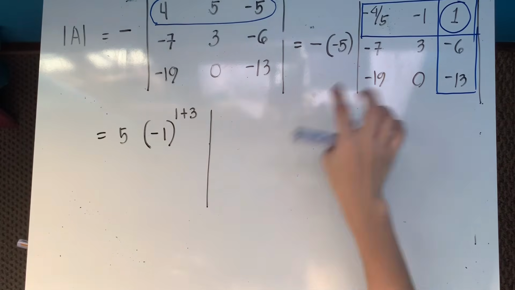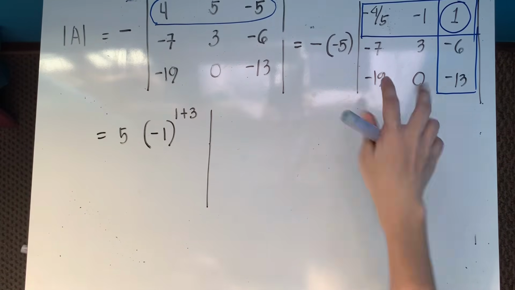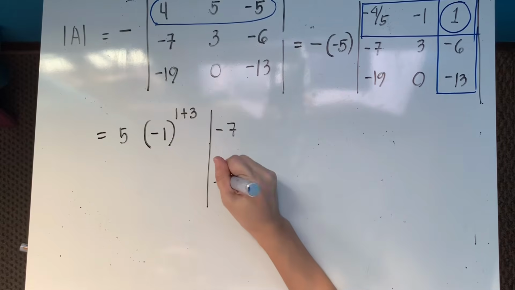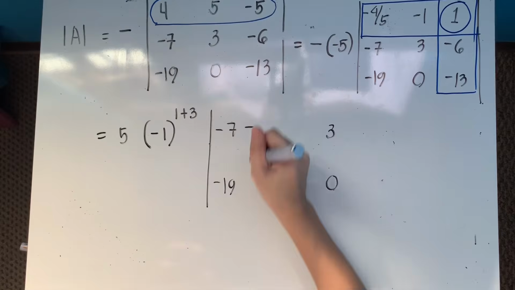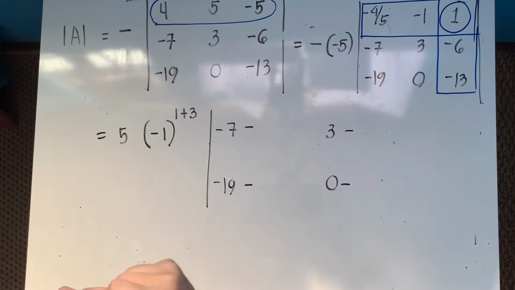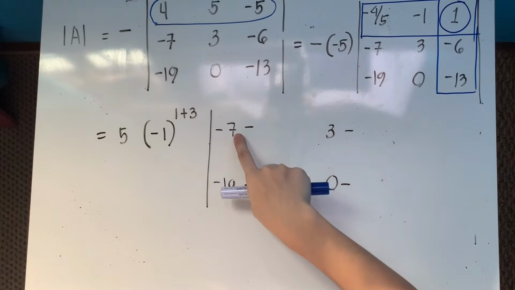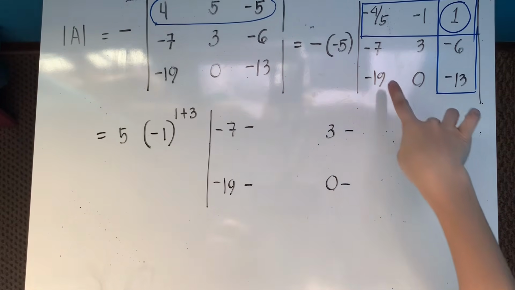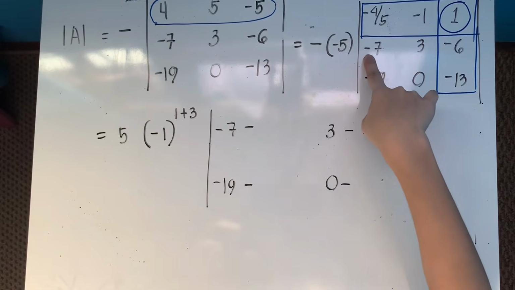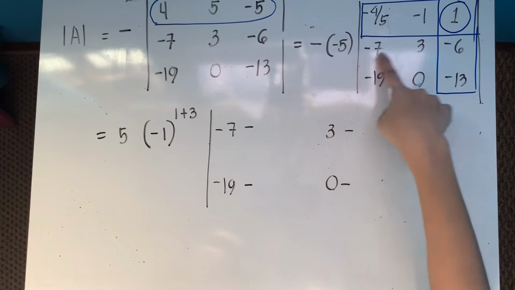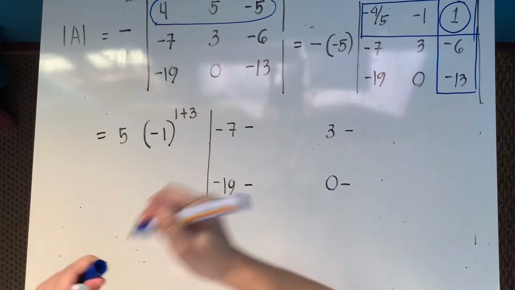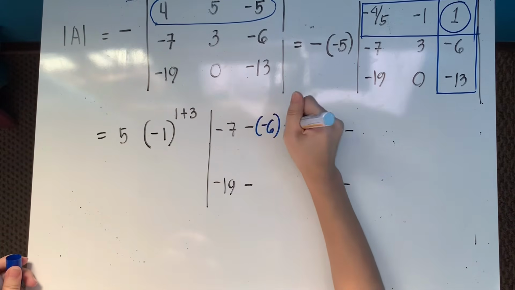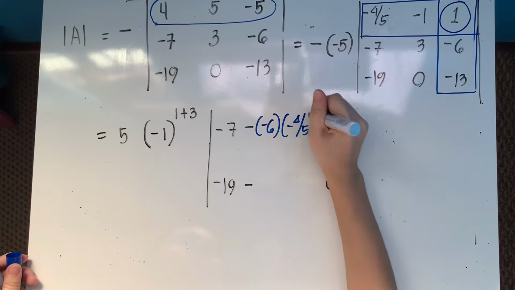Multiplied by, we'll have a 2 by 2 determinant. So we'll have negative 7, negative 19. Second column would be 3 and 0. We're going to subtract all of these terms by elements intersecting these remaining elements. Okay? So, start with negative 7. That would be negative 7 minus row by column. Para hindi kayo malito. So, negative 6 times negative 4 over 5.